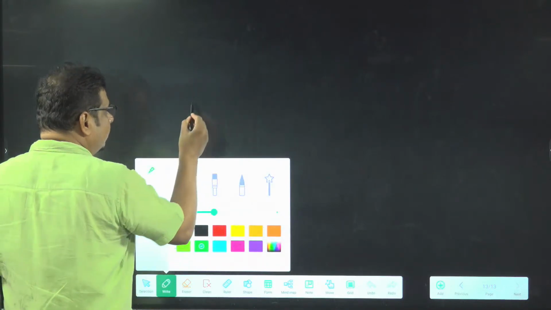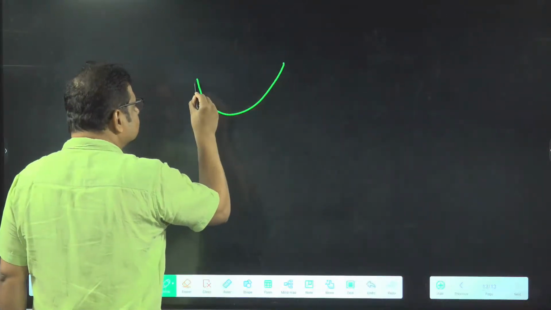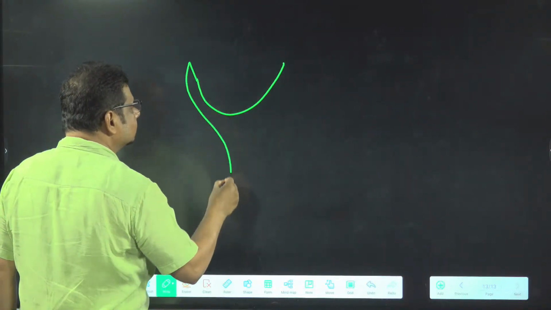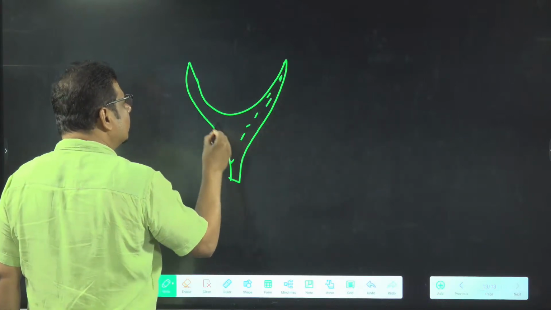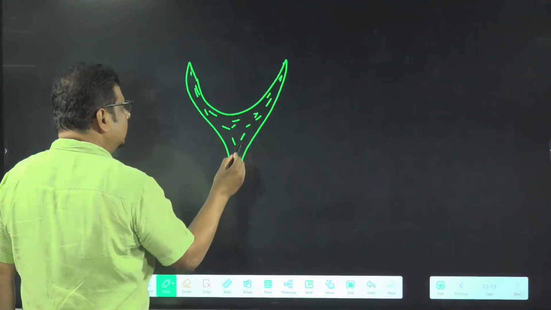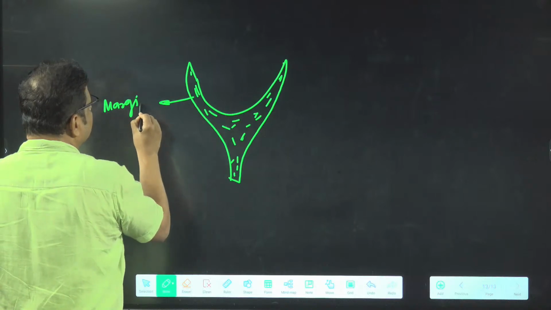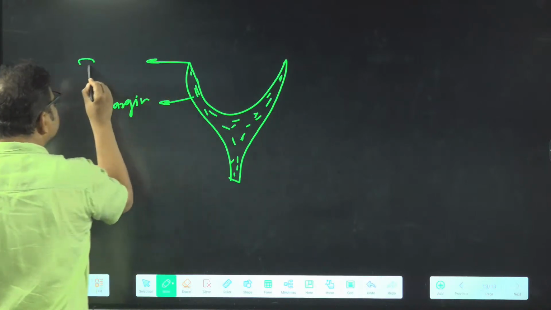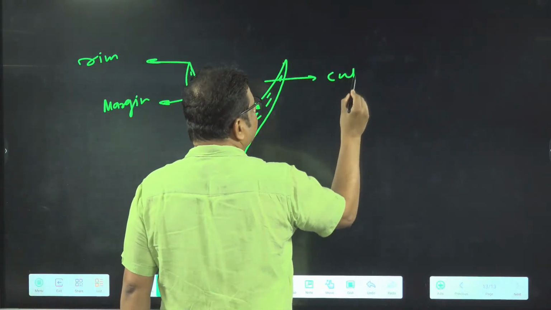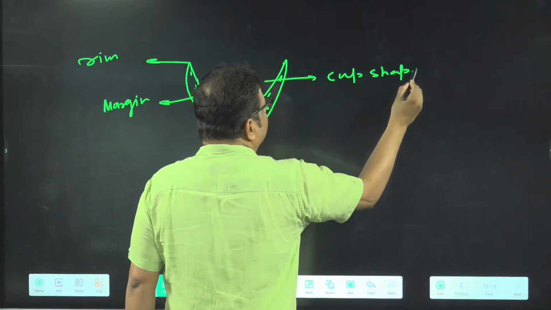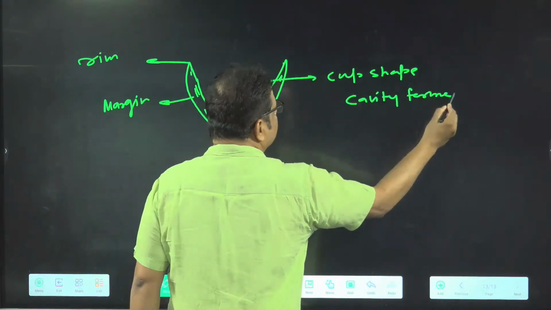So identify this diagram. This is the thalamus, and this is the margin of the thalamus, and this is the rim of the thalamus. This is the cavity, cup shape, cavity formed by thalamus.